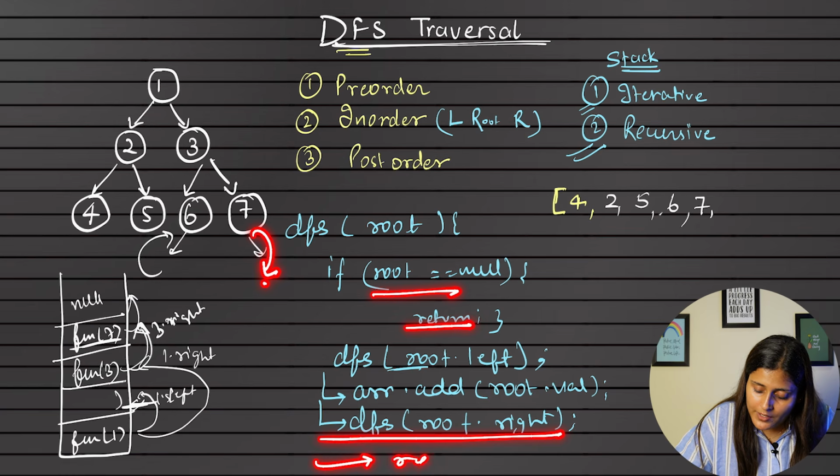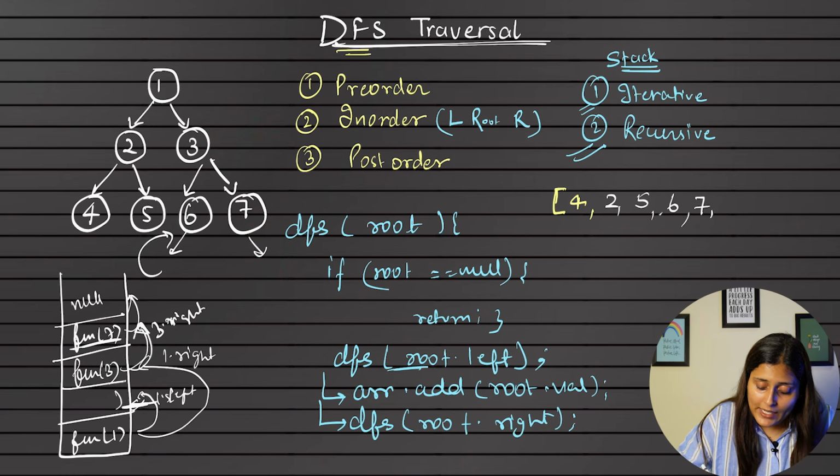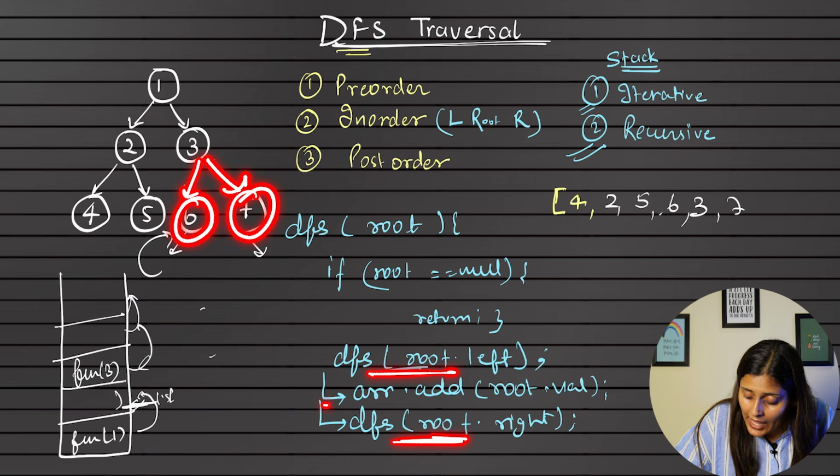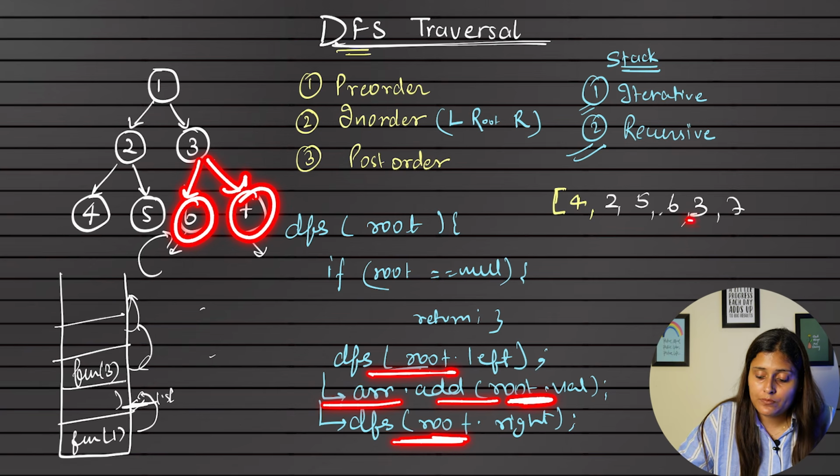So here we will return 2, 3. Now can I say null will get returned? Okay, returned. 7 will also get returned. And can I say before 7, 3 will get inserted? Why? Because once 6 got fixed and we went for the right call, before the right call the array will add root.value, correct?